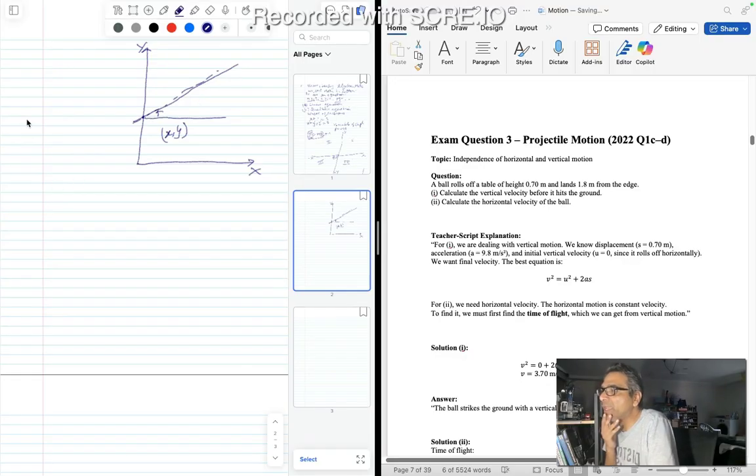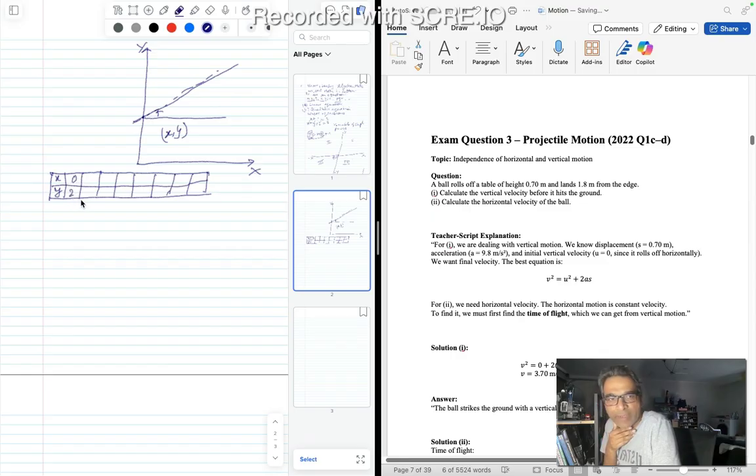Let's say we have a relationship where the value table looks like this. This is x, this is y. Let's start from here.